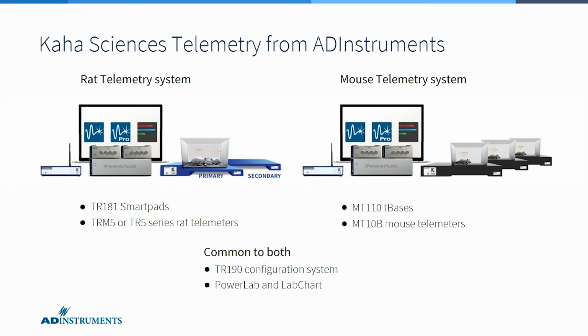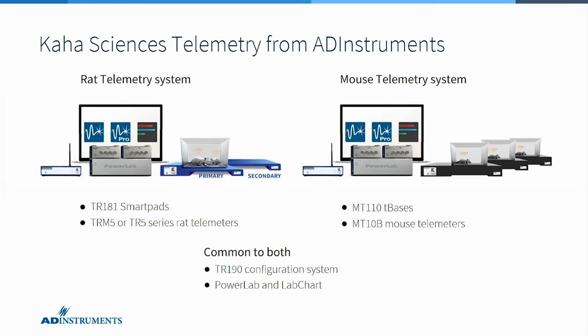Okay, so to move on and talk more specifically about the cardiovascular telemetry system from ADInstruments, as I've said, it's broken down into a rat telemetry system and a mouse telemetry system. The rat telemetry system comprises the TR181 smart pads, which are the data receivers for the TRM5 and TR5 series rat telemeters.